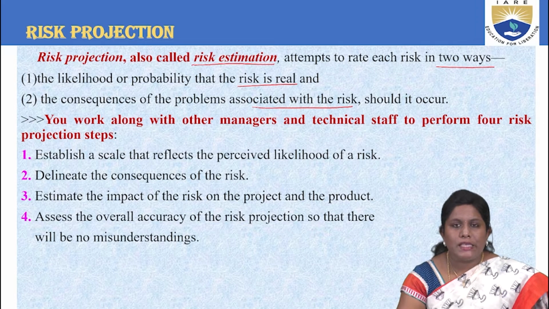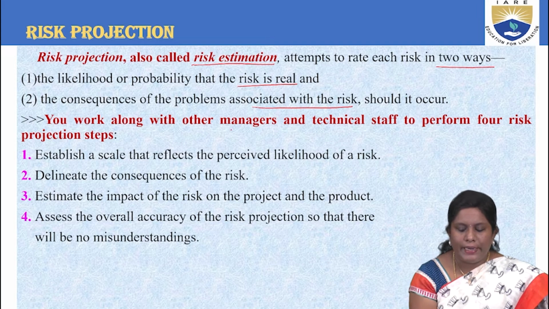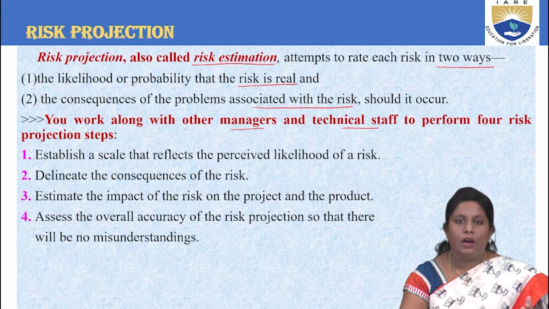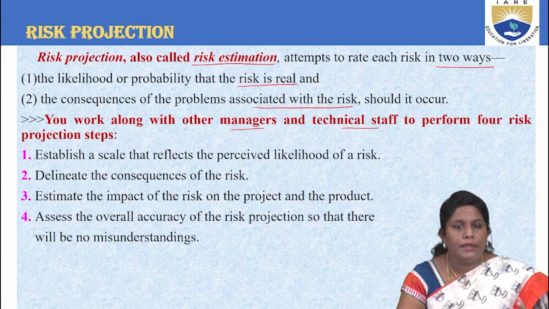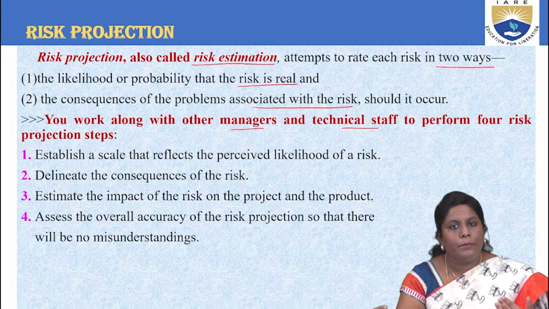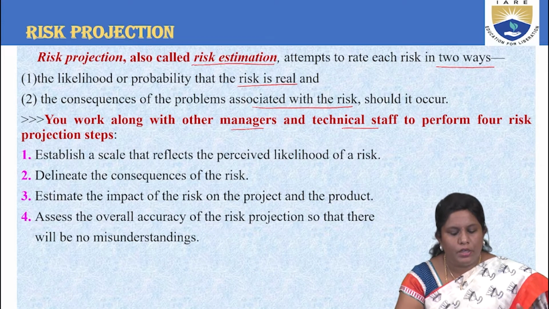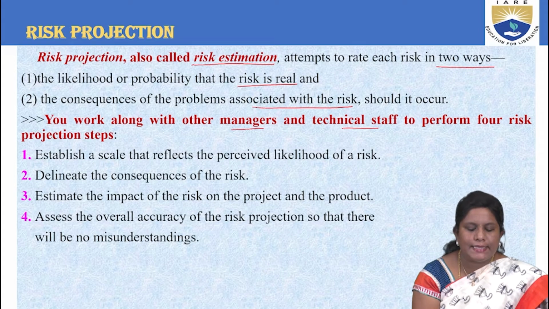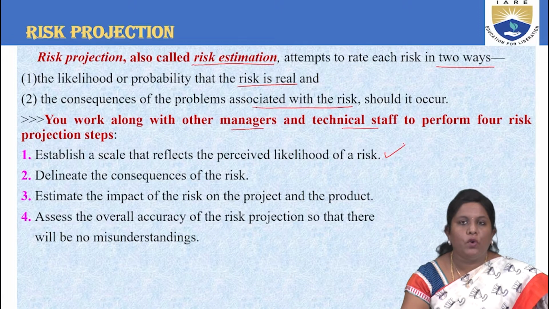Managers and technical staff take part in projecting the risk and help us estimate it. This is done in four steps. First, establish a scale that reflects the perceived likelihood of a risk.